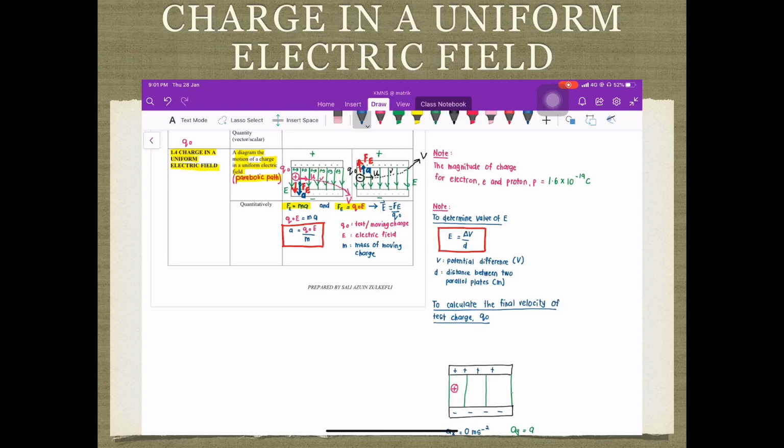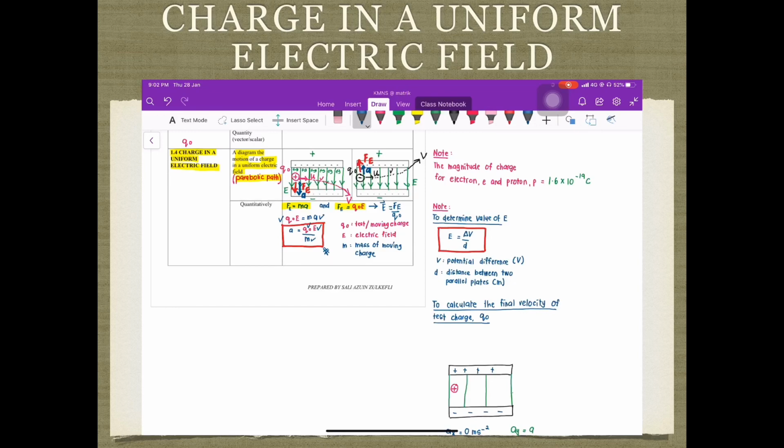Then substitute Fe equal to Q0 E equal to ma. Rearrange, so we can calculate the acceleration using Q0 times electric field strength over the mass of the moving charge.